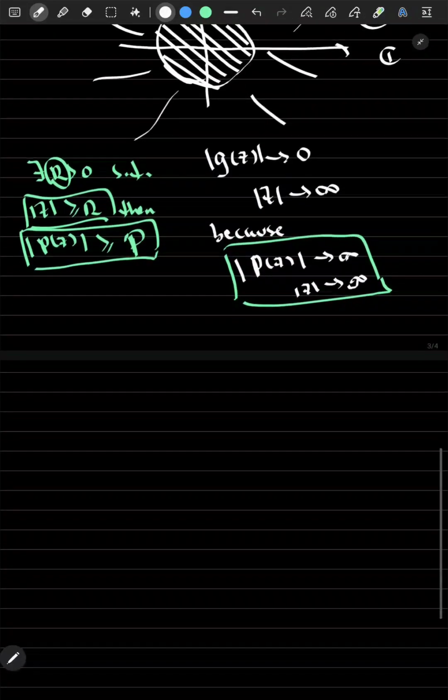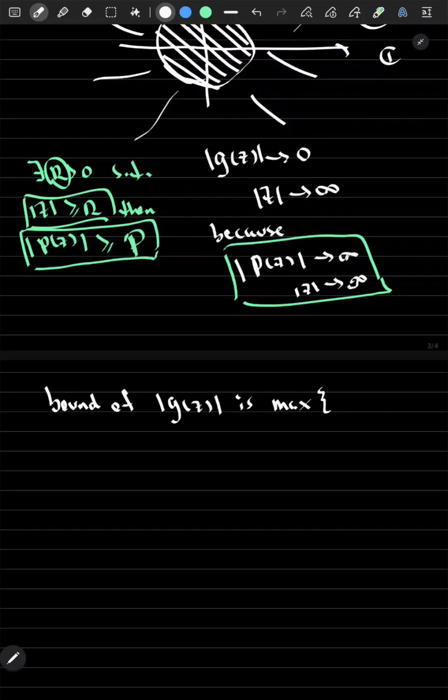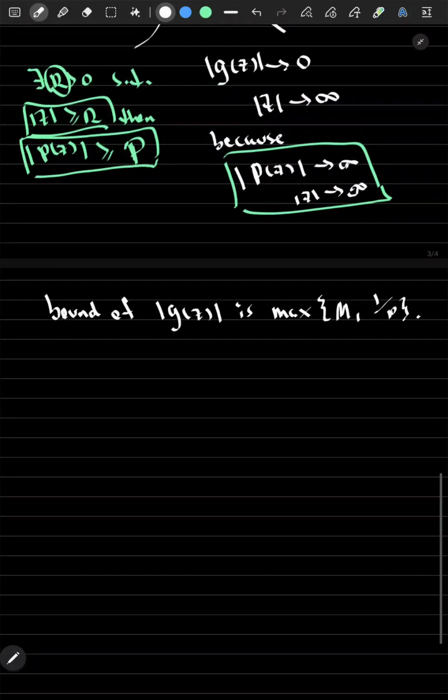So g of z is bounded. So the bound of g of z is the maximum of M and 1 over P, whichever is greater.